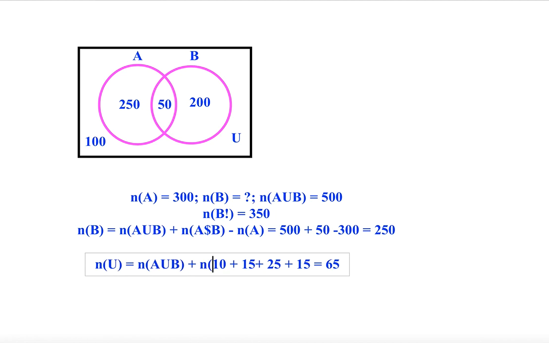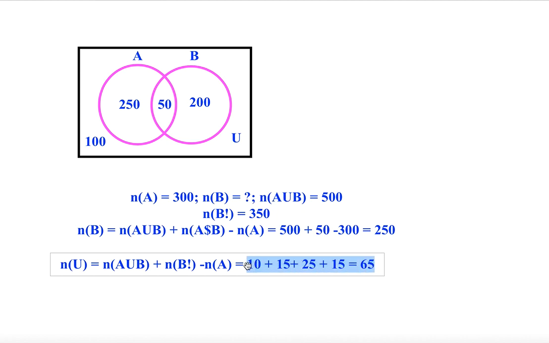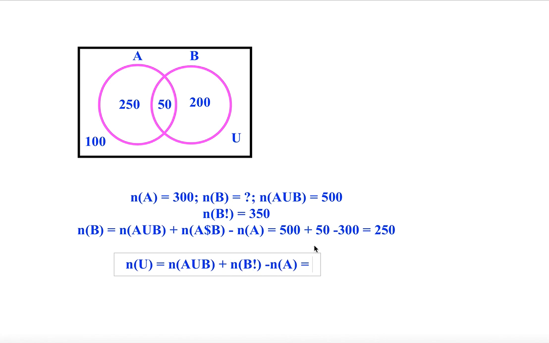No, N of B dash. Confusing myself. So N of A union B plus N of B dash minus N of A. That is how you have to write it if you want to formulate it. Okay, you can anyway get the answer easily.